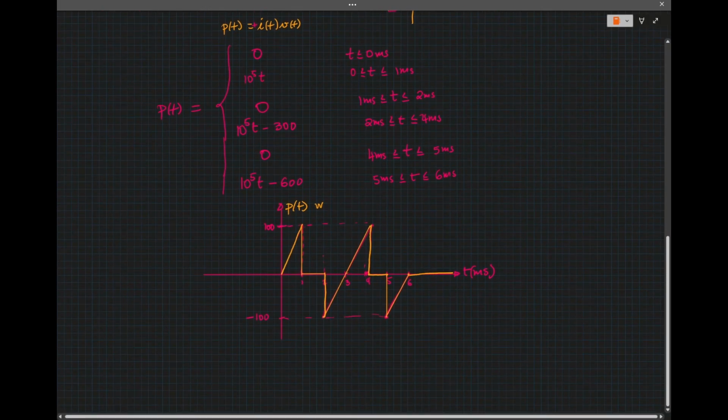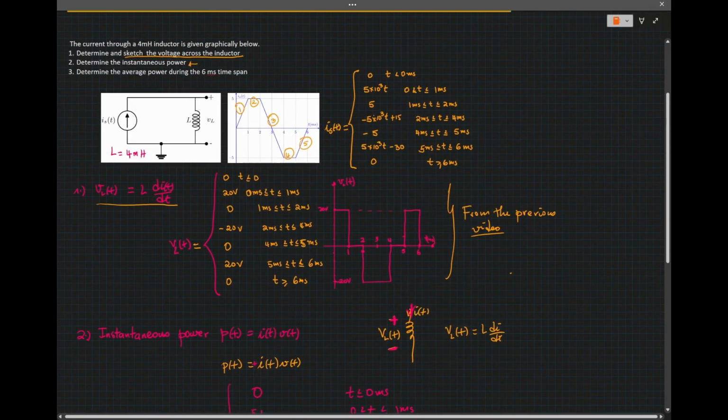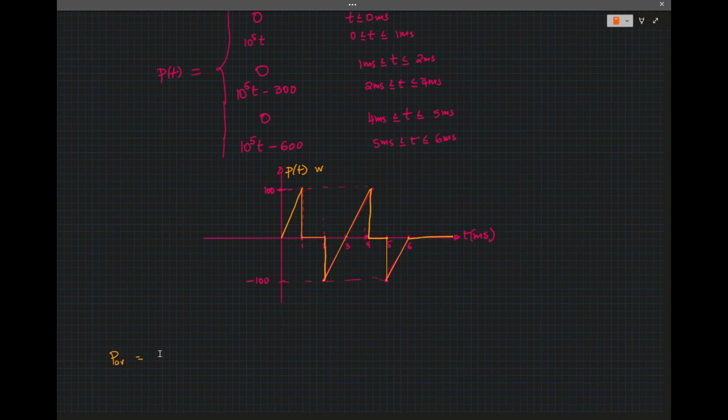Now the third question was to find the average power. So the P average, right, is over this time interval, so 1 over 6 milliseconds, the integral from 0 to 6 milliseconds of P of t dt.